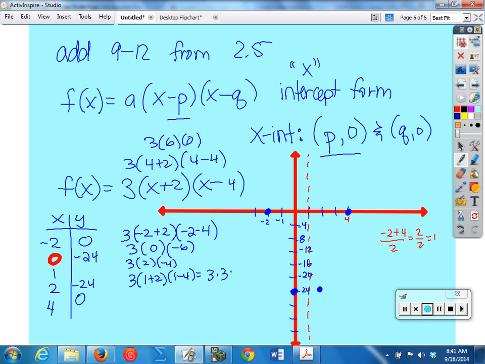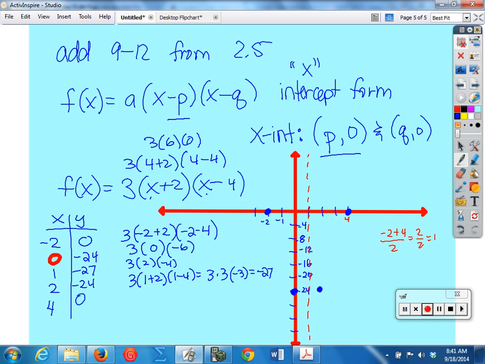Because I know that the vertex is at 1, right? So you just have to plug in 1 into here to see what you have. So you get negative 27. And did you guys see how Todd knew that before he even had to plug it in? Because this is going to be negative 28. So this is just right above that one.